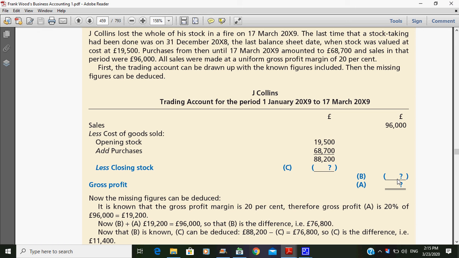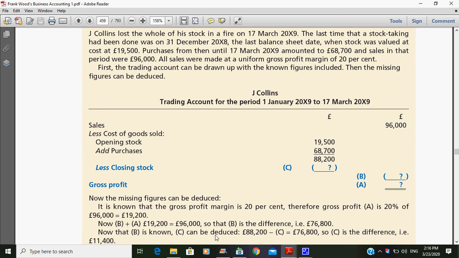So it should have been 96,000 minus 19,200. You want to find B, right? So you bring this over the equal sign, turn it negative, to get 76,800. You should put that right here. Good? Now that B is known.